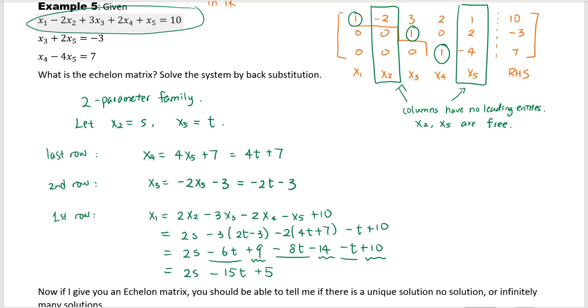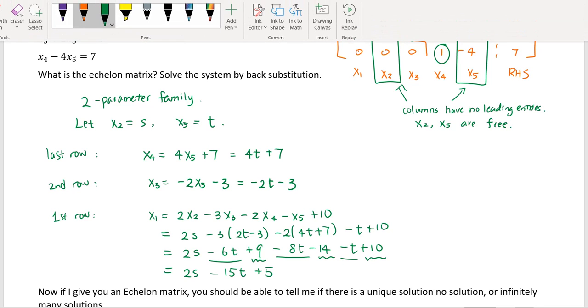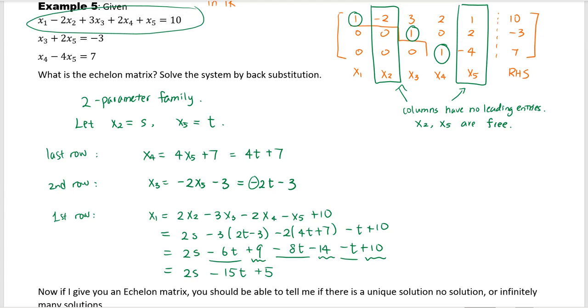Alright, let's double check. Do you see I have made a mistake here? This is negative 2t. So negative 2t here. Then it becomes positive 6t. So positive 6t minus 18 is negative 2. And negative 1 minus 3. So the answer is 2s minus 3t plus 5.